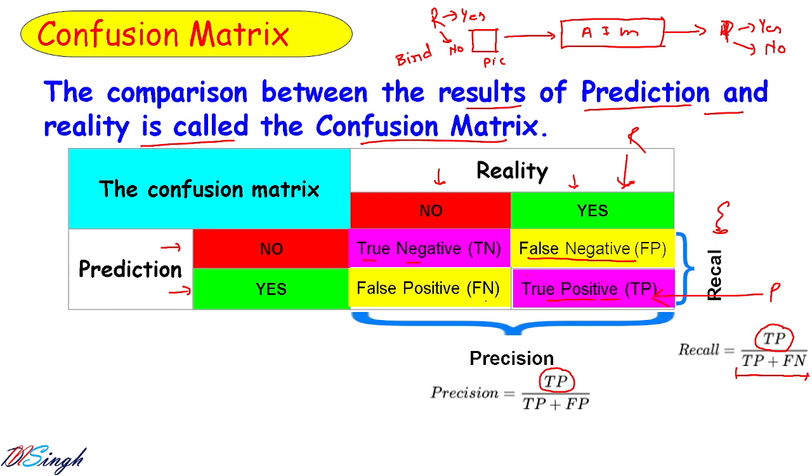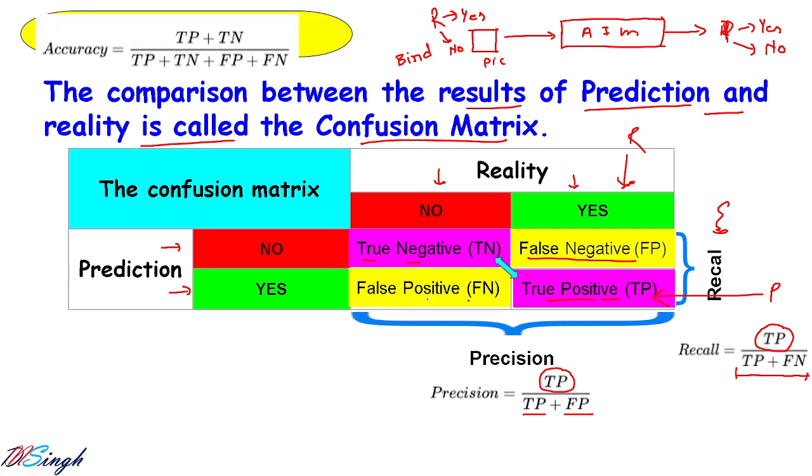The denominator is the last row, that is TP plus FN, FP, sorry. So here you have true positive plus false positive, which is available in the last row. I hope these two formulas are very clear. For recall, you need to consider the last column, and for precision, you need to consider the last row.